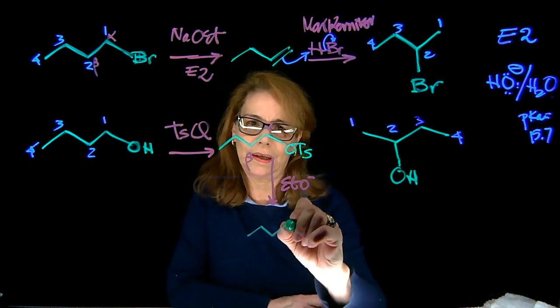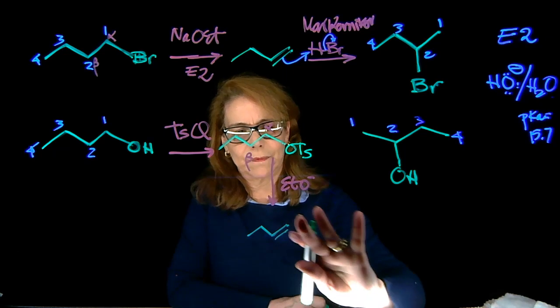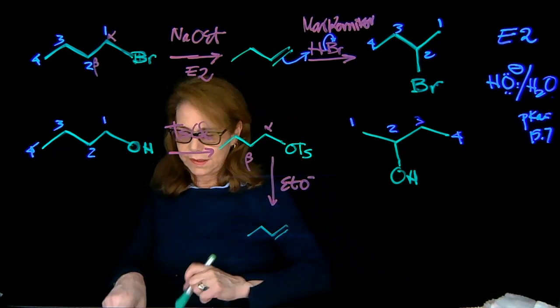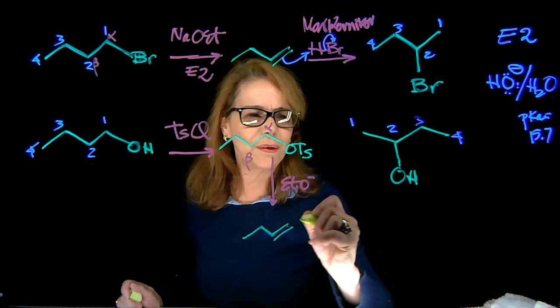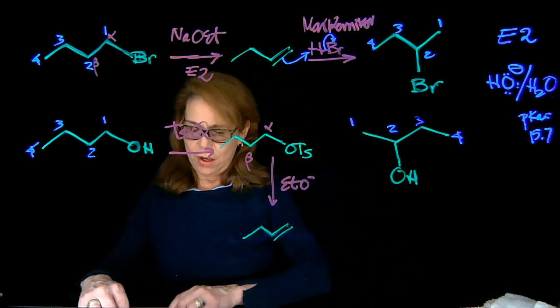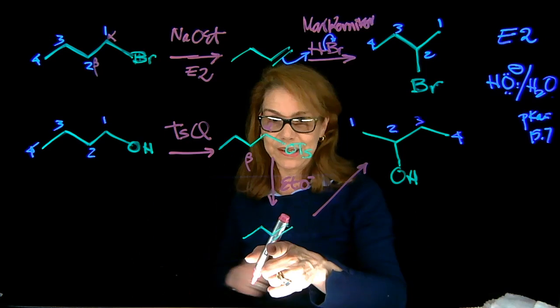So I'm going to get, now here, this is butene, 1-butene. And then let's see what the change is when I go to this product. I need to add the OH here.